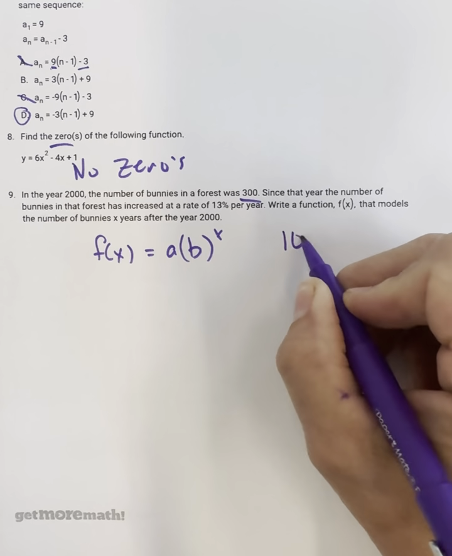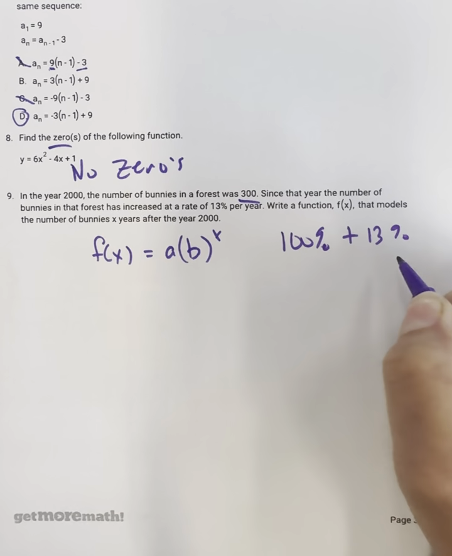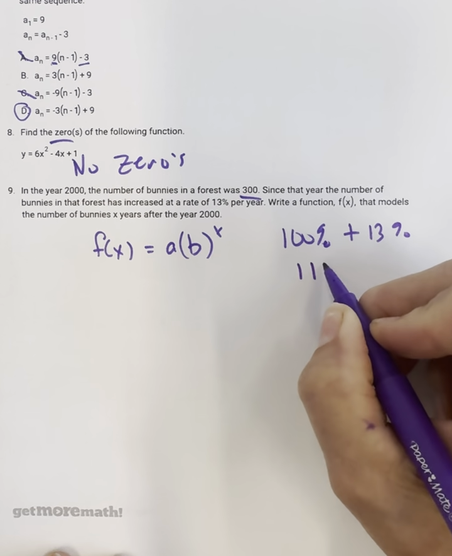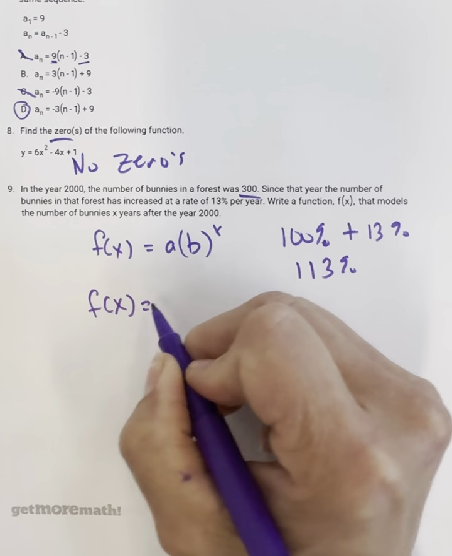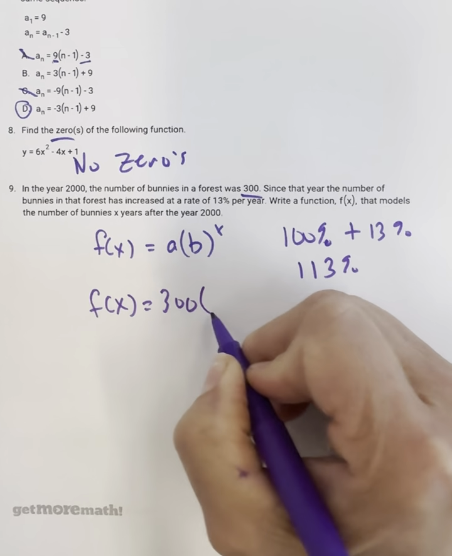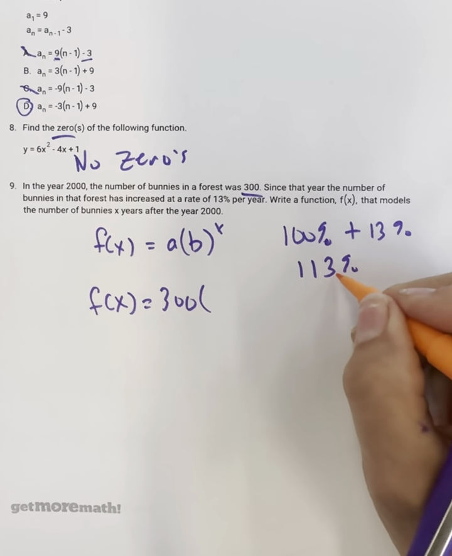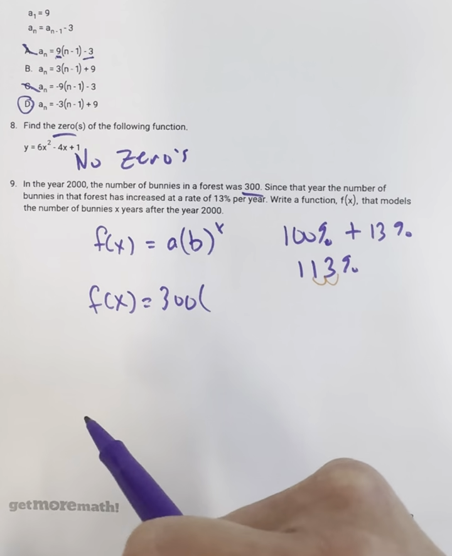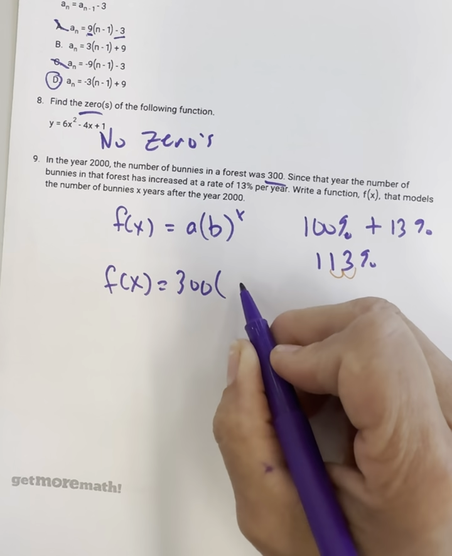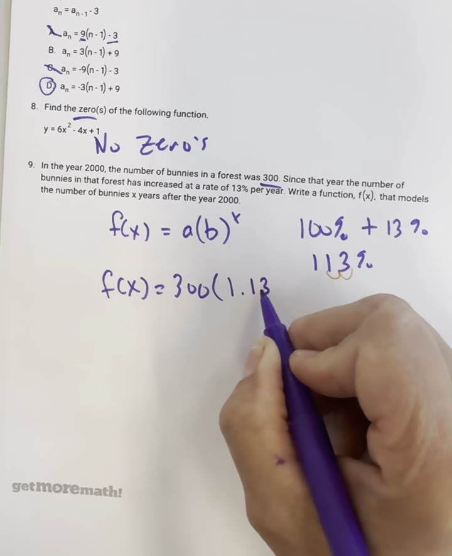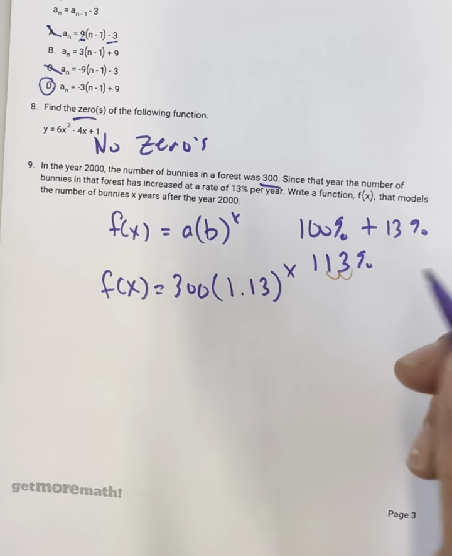So if you start with 100% and you are increasing 13%, you are going to get 113%. And so you have f of x equals 300 bunnies. And you're not going to multiply times 113. You're going to move the decimal over 2 places to the left and change the percent to a decimal, or take 113 and divide by 100. So you get 1.13 raised to the x. That's your function.